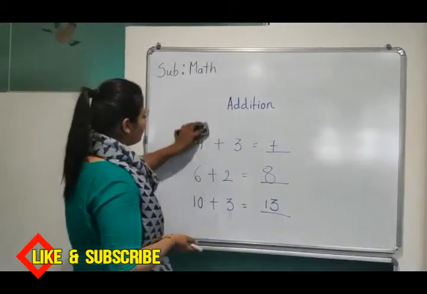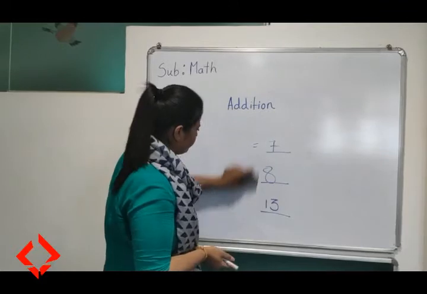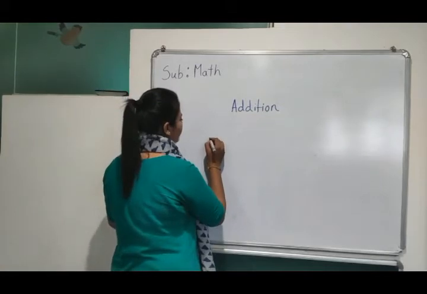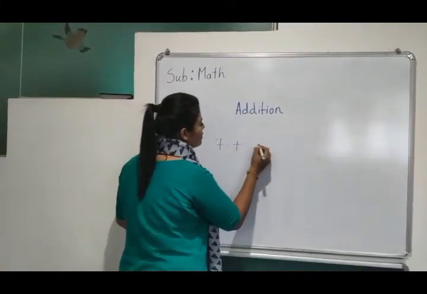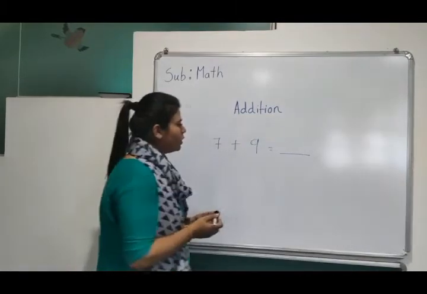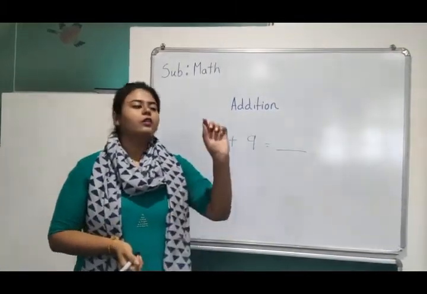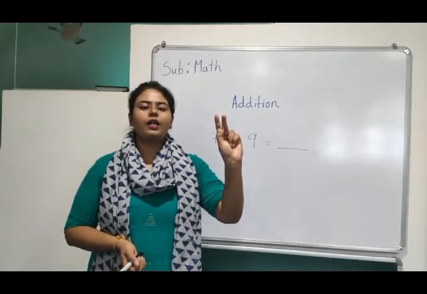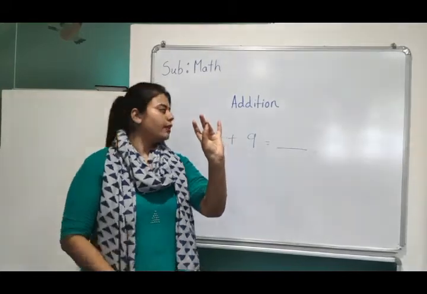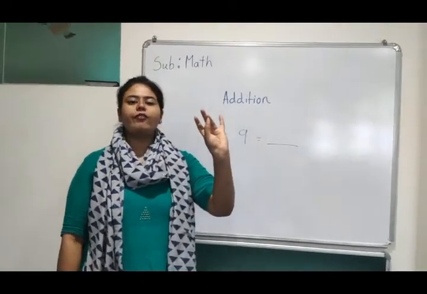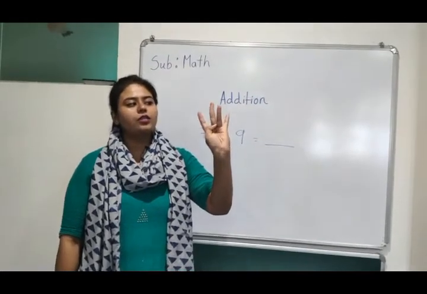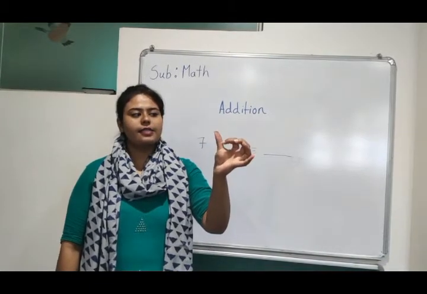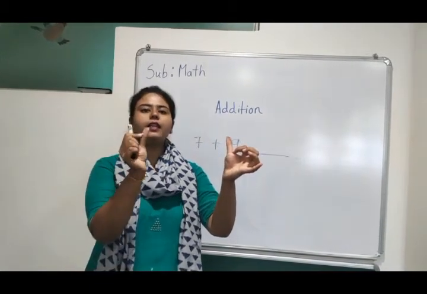Now next, I will write 7 plus 9. So here I will count first 7. 1, 2, 3, 4, 5, 6, 7. Then the next number is 9, so I will add 9. 1, 2, 3, 4, 5, 6, 7, 8 and here it will be 9.